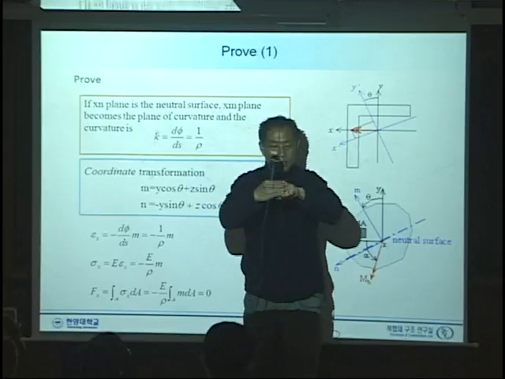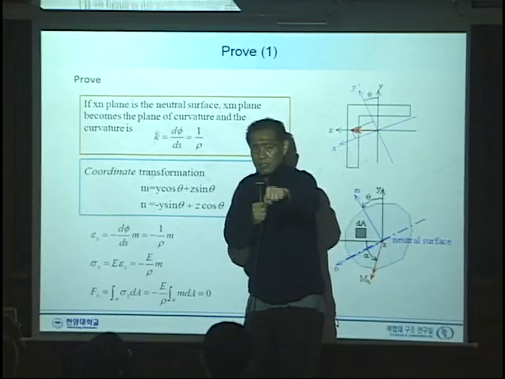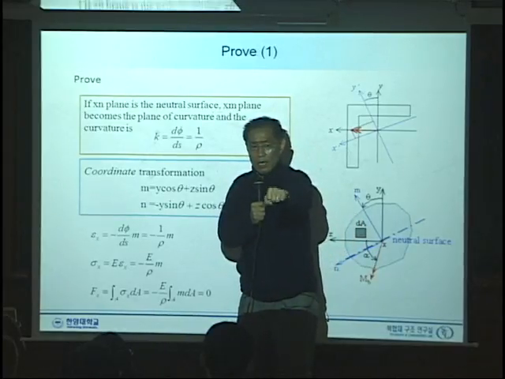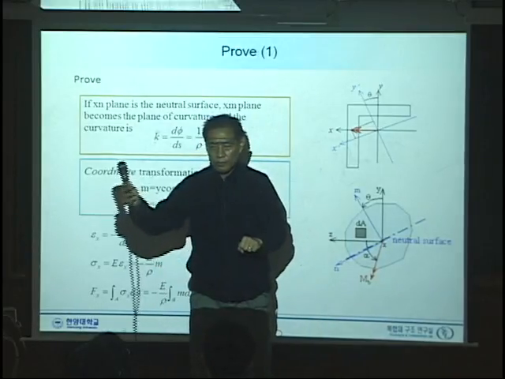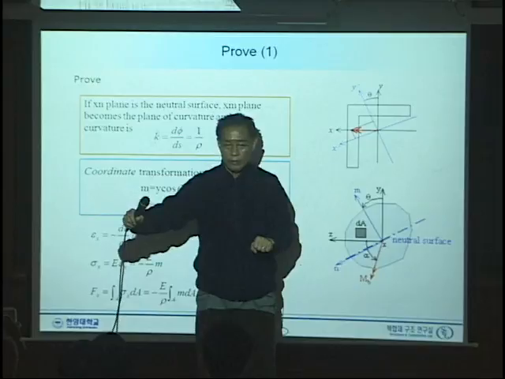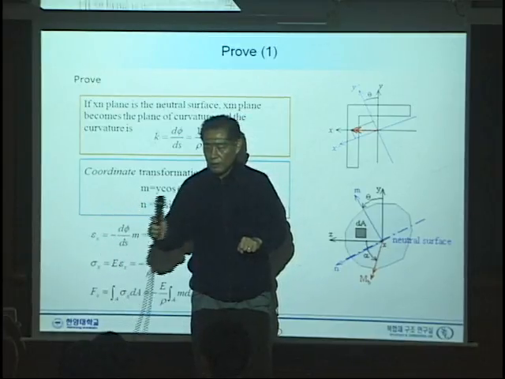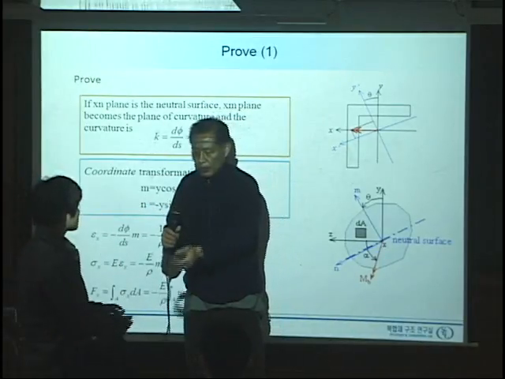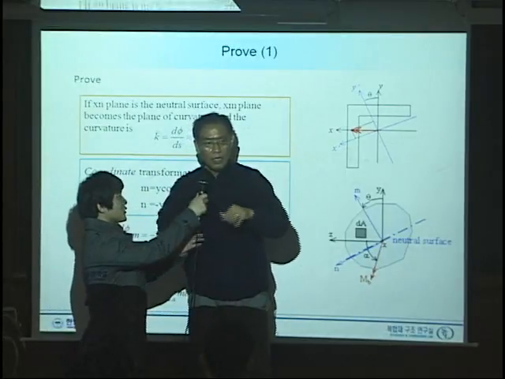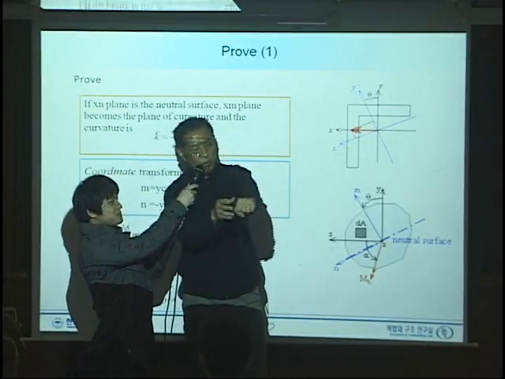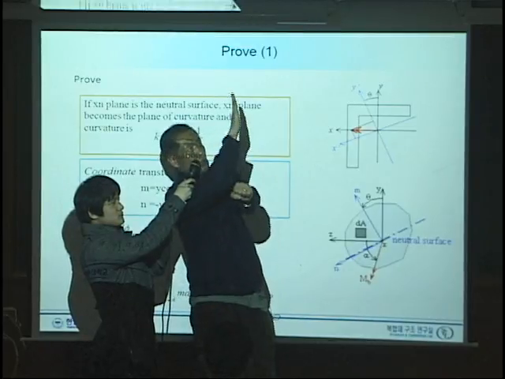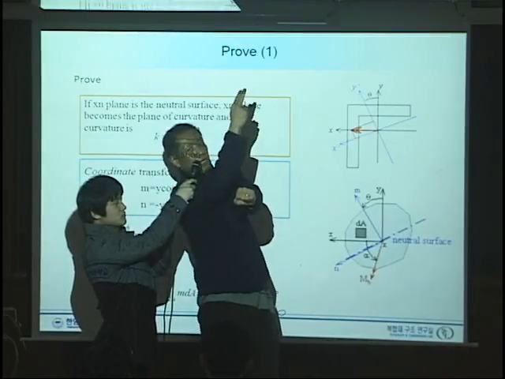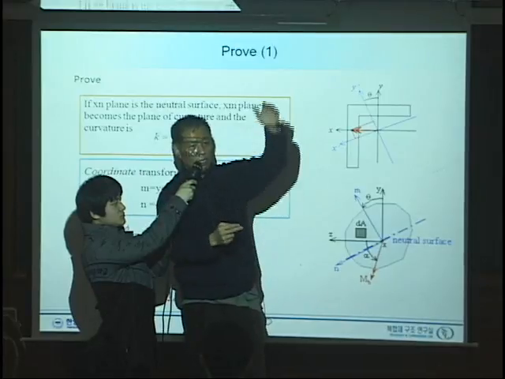Do you remember d theta dx this way? Okay, hold my hand. So when we apply bending moment here, this makes one plane, and there was the center of rotation, curvature, right?